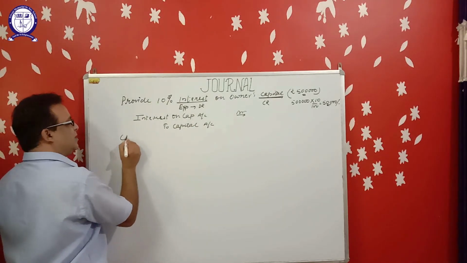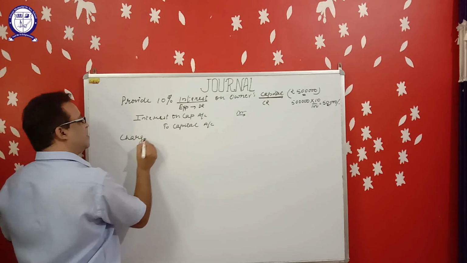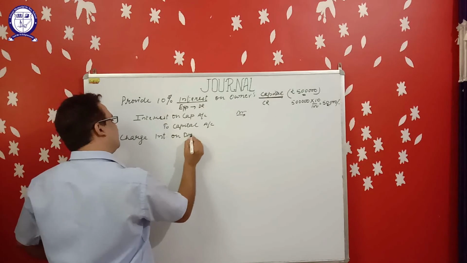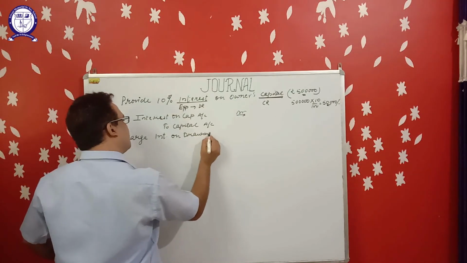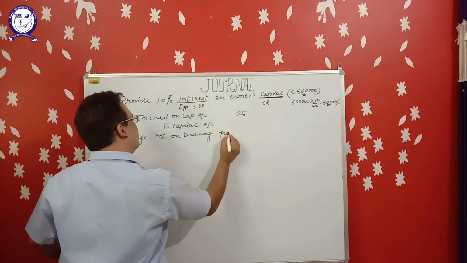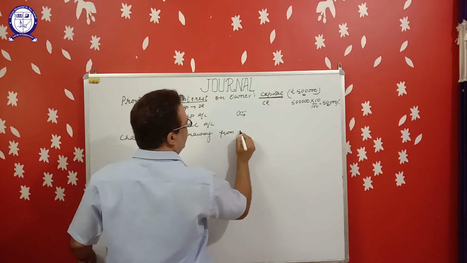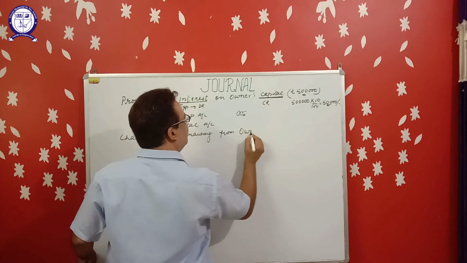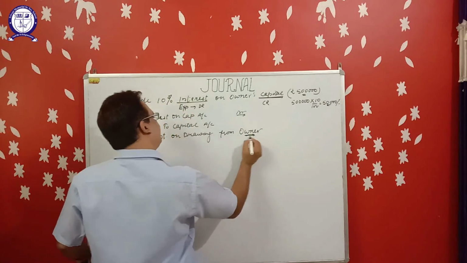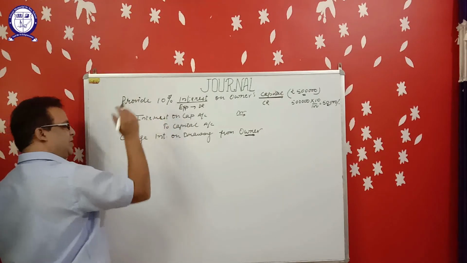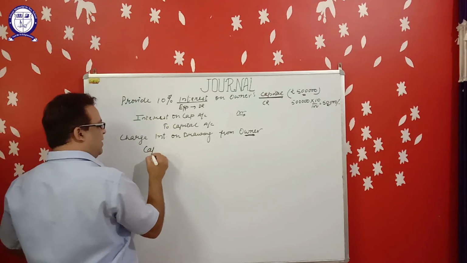Next transaction is charge interest on drawing from owner. Now we have to take interest on drawing from owner. The entry will be just opposite. Capital account debit.